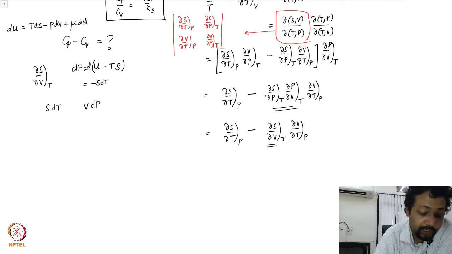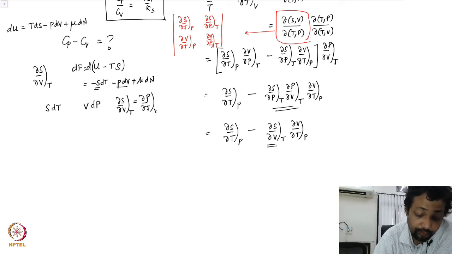So dU minus T dS, if you bring it this side, it's minus P dV plus mu dN. Now if I want to write down the Maxwell's relation for this, I have del S del V temperature held constant is equal to del P del T volume held constant.